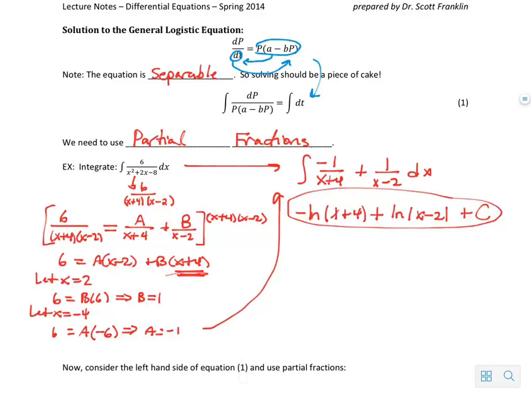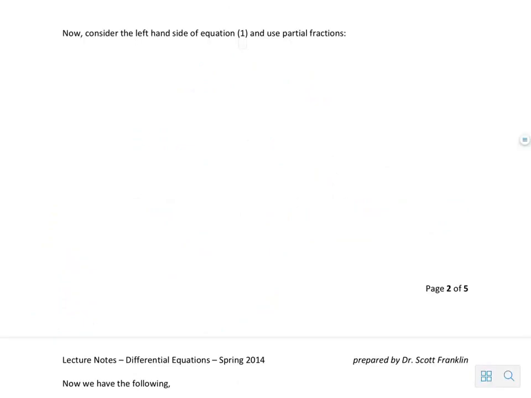So now what I want to do is exactly the same thing, but with my logistic equation, the integral that I needed to solve it. All right, let me go grab my slide for that. All right, so now consider the left-hand side of equation 1, and let's do that with partial fractions.